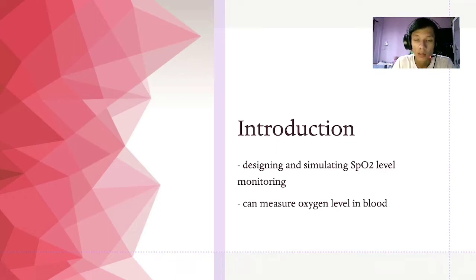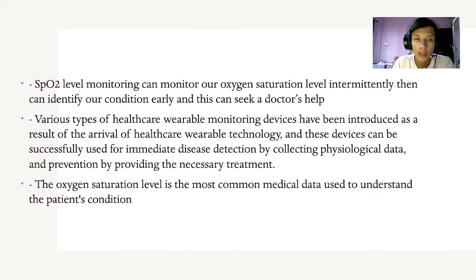So this SpO2 level monitoring can measure the oxygen level in blood. However, it can also monitor our oxygen saturation level intermittently, so we can identify our condition early, and this can get a doctor's help.